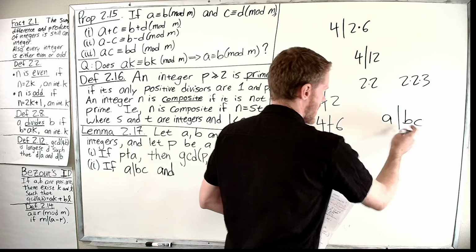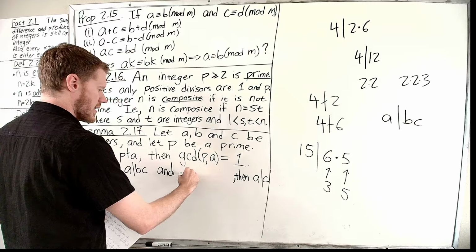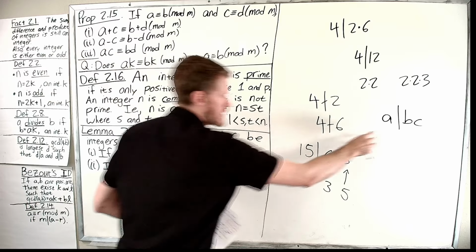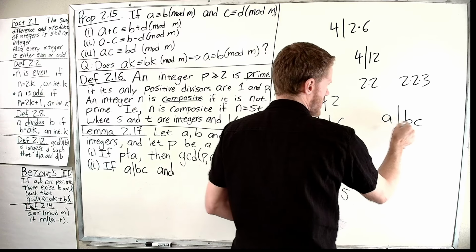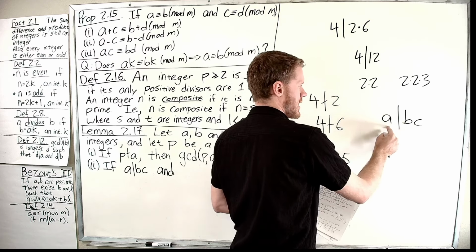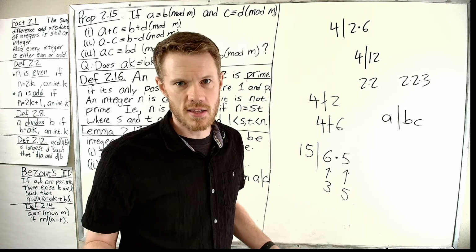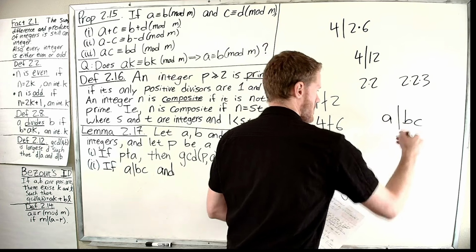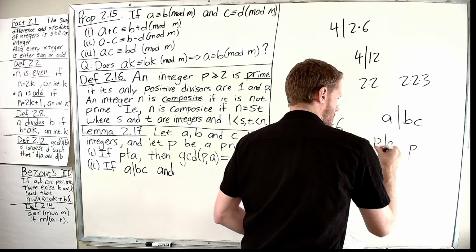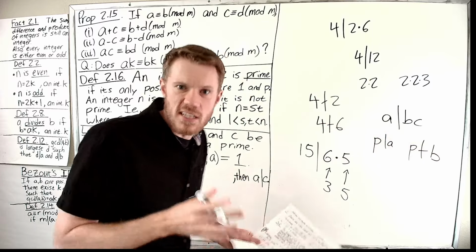So, in order for that to be true, you could literally write that. You could say, and for all primes P such that P divides A, P does not divide B. So you could say something like that, like for all the primes within A, none of them are within B. Another way to say that is no primes divide both. So if P divides A, we want P to not be dividing B.